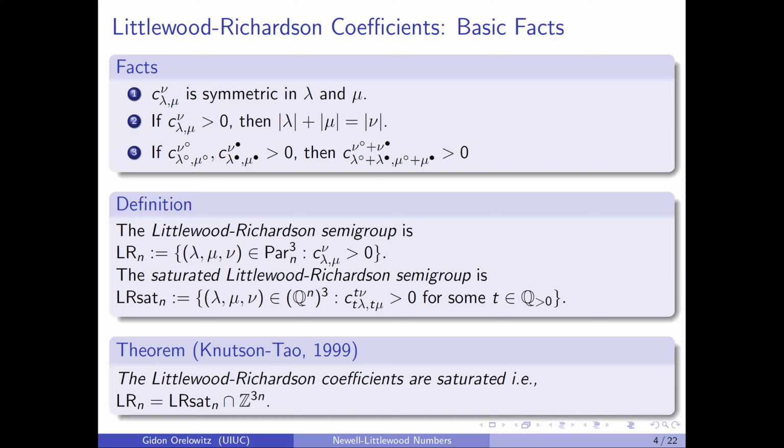This is not obvious at all looking at the definition or even any of the facts that we know about them so far. But essentially what this means is that if you have a Littlewood-Richardson triple such that all the parts of all the partitions are divisible by the same number, you can just divide that out and you'll get another Littlewood-Richardson triple. And we'll talk about later on with the Newell-Littlewood numbers how this isn't obvious, or you shouldn't even take this for granted, even for nice coefficients.